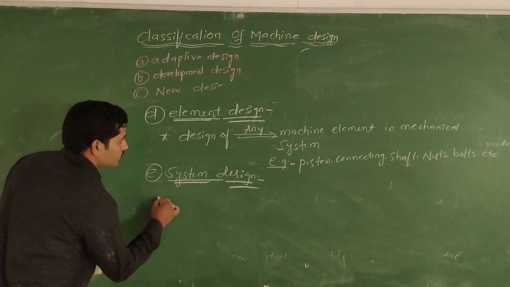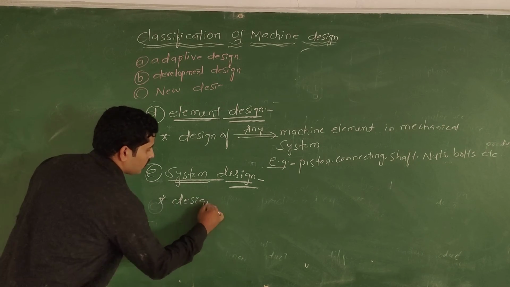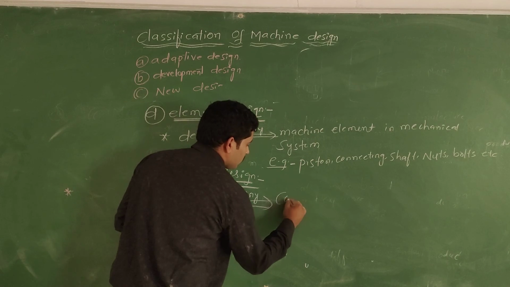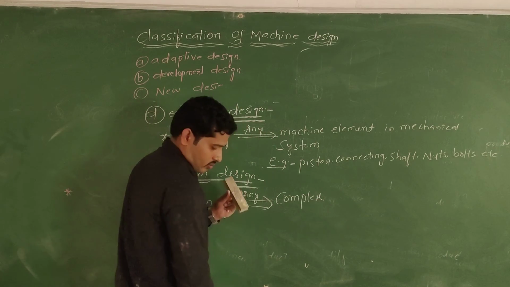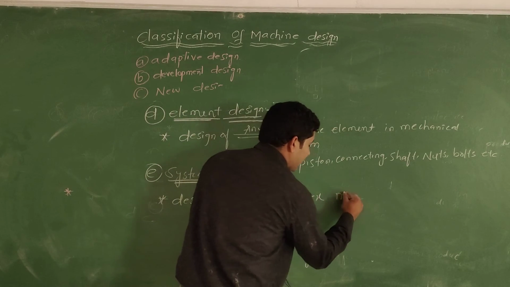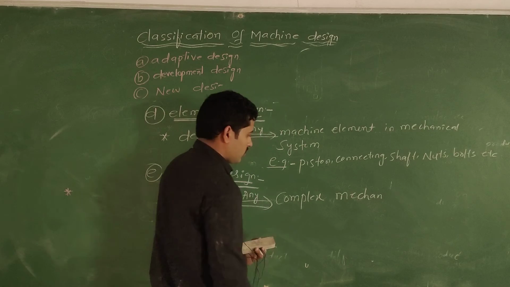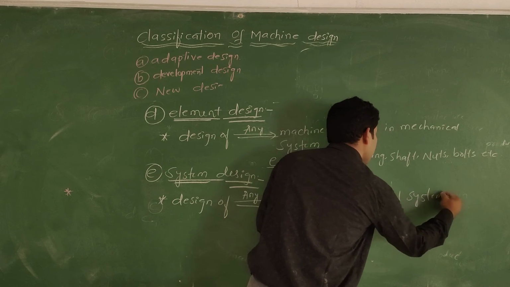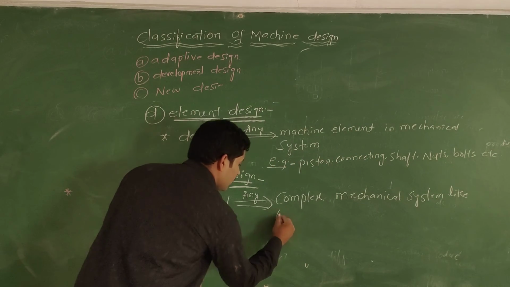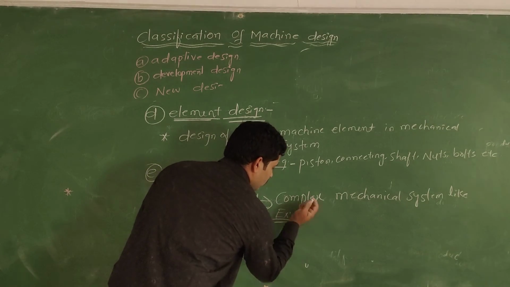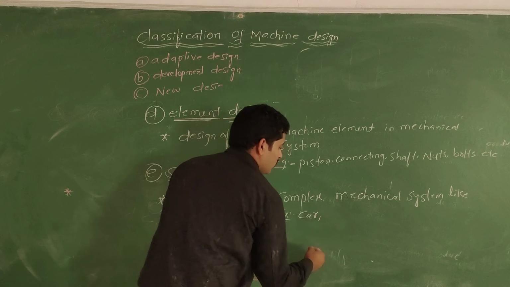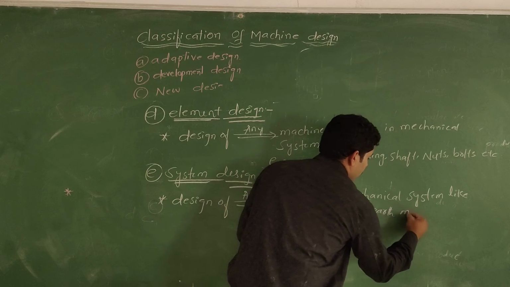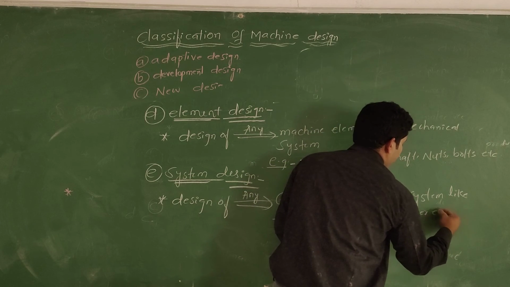Okay dear. The design of any complex mechanical system, for example four-wheeler, car, tractor, JCB, or earth mover, is an example of system design.